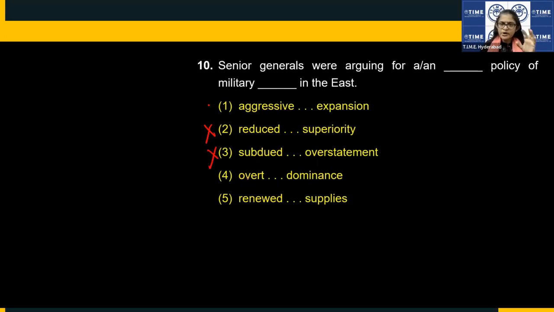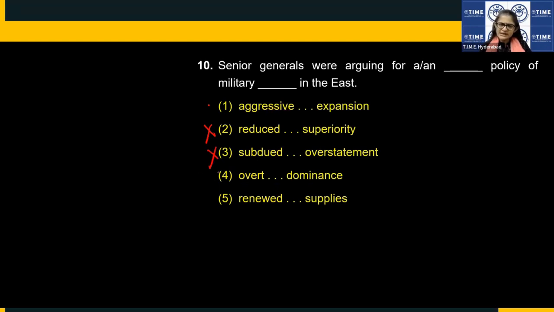An overt policy of military dominance. Okay, overt is very open and explicit, but when it comes to military, you don't say a very open policy, right? Aggressive policy makes sense. Military dominance is okay, but military dominance in the East means military is going to rule these countries.